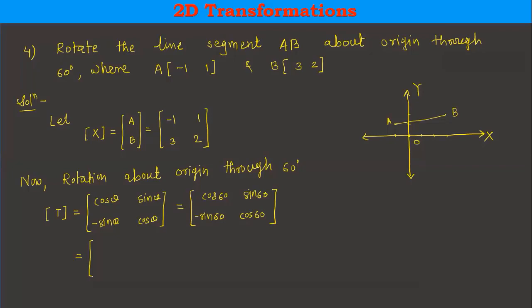If the angle is in radian measure, then your calculator must be converted into radian mode. So just check whether your calculator is in degree mode or not. If it is not, then you have to convert it into degree mode.